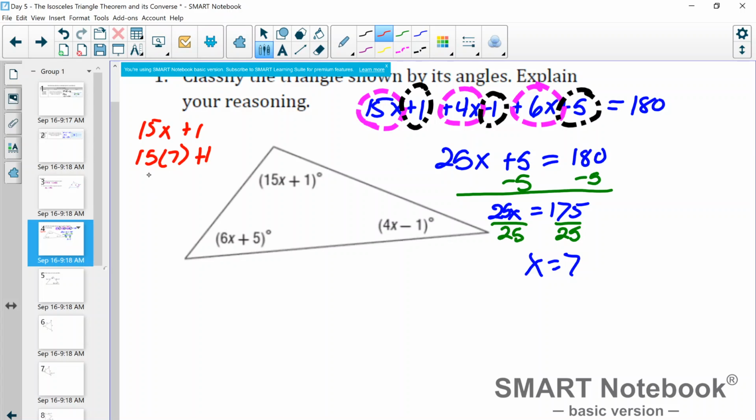So when I multiply it out, I'm going to get 105 plus 1, which is 106 degrees. So we know this angle up here is 106 degrees. From here, I don't really have to figure out the other two, because we learned as well when dealing with angles, if I have an angle that is over 90 degrees, we have an obtuse triangle. 106 degrees is definitely more than 90 degrees. So here we have an obtuse triangle.